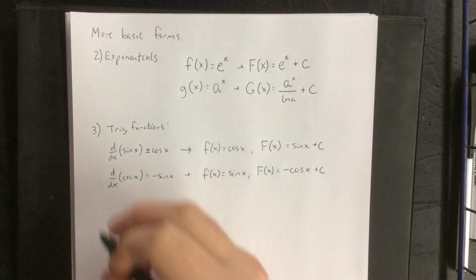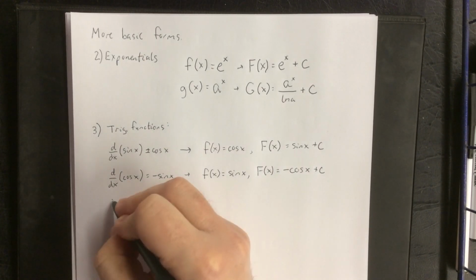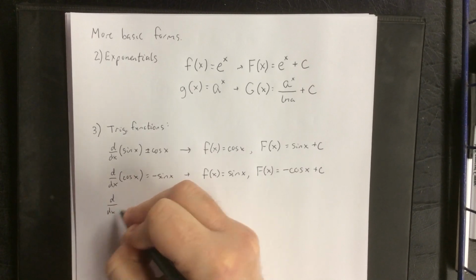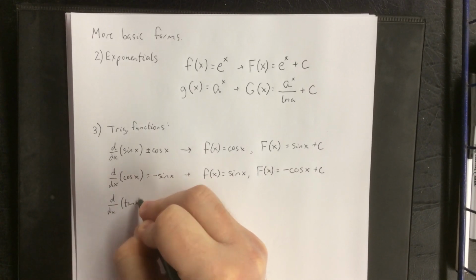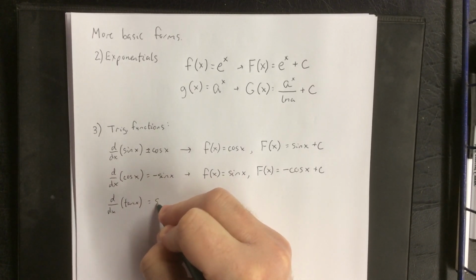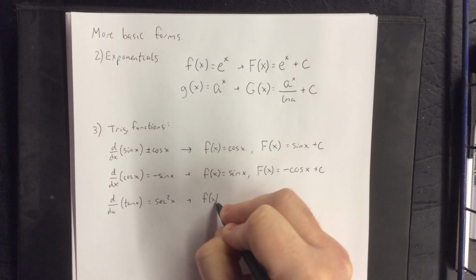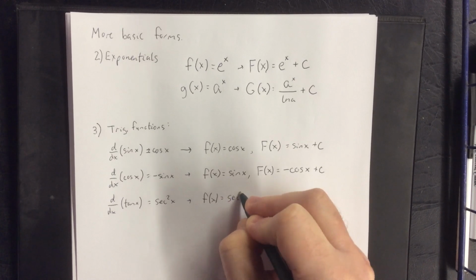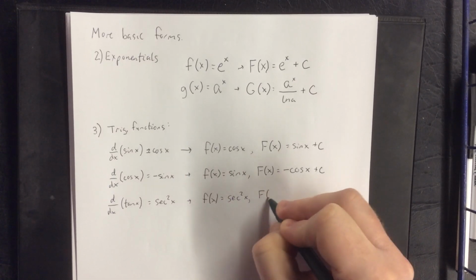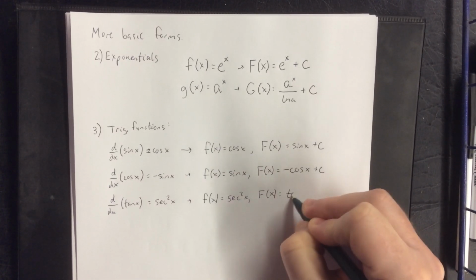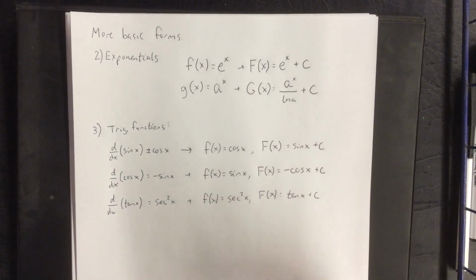You could do this for all 6 different forms of the derivative. So for the tangent, the derivative would be the secant squared of x. Therefore, if you have the secant squared of x, its antiderivative will be the tangent of x plus a constant.